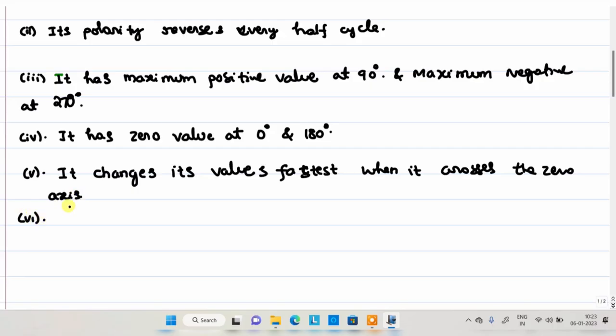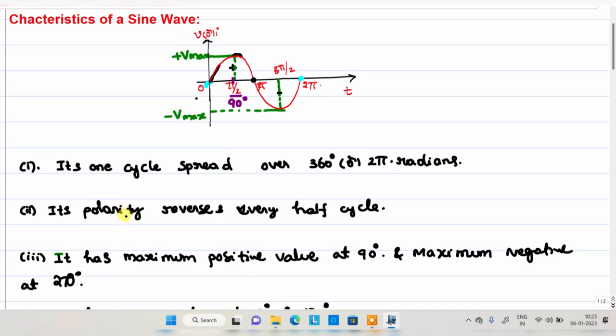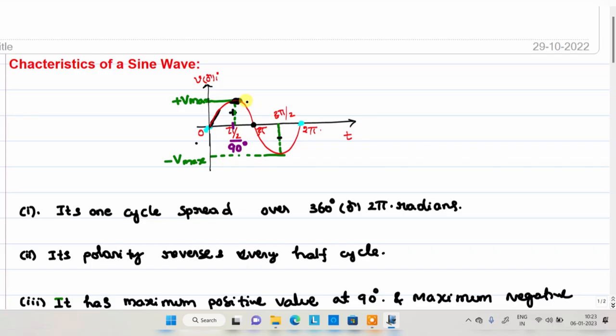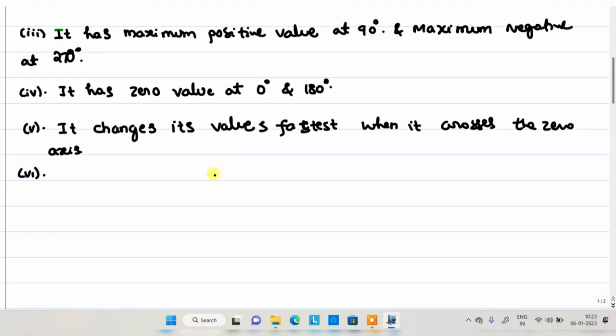Next one, another point, whenever it crosses the maximum value, the speed will be less, that is a minimum speed.